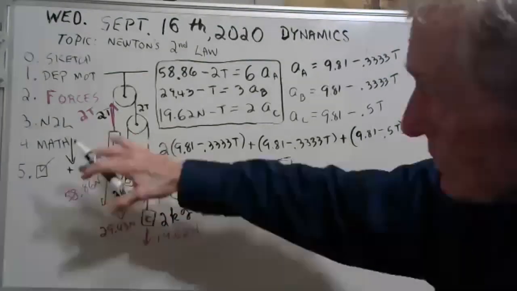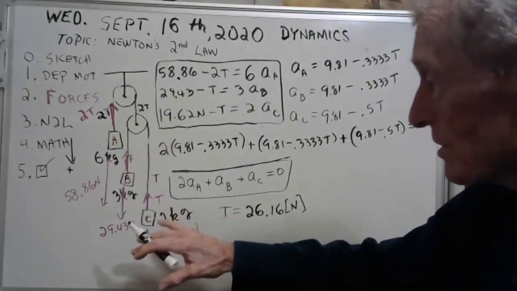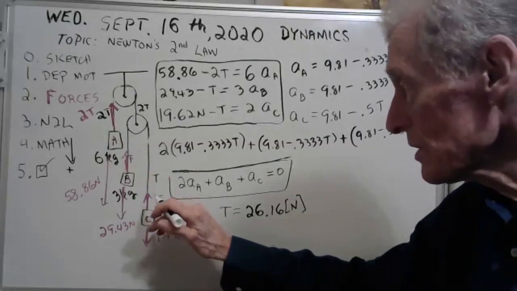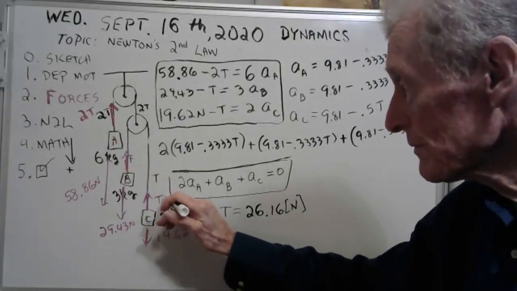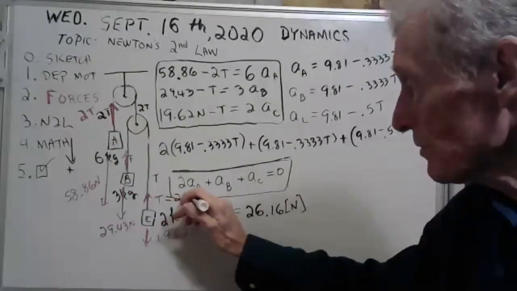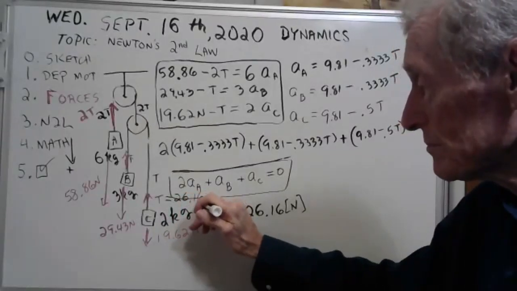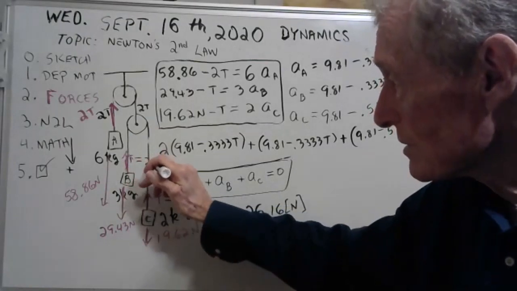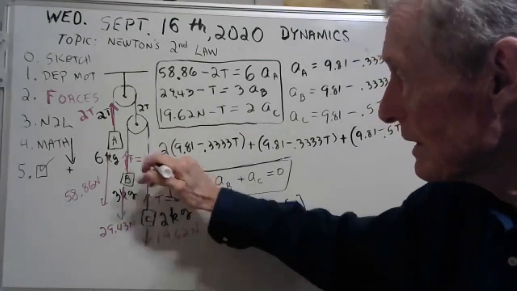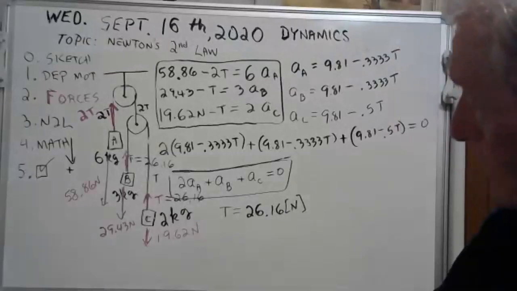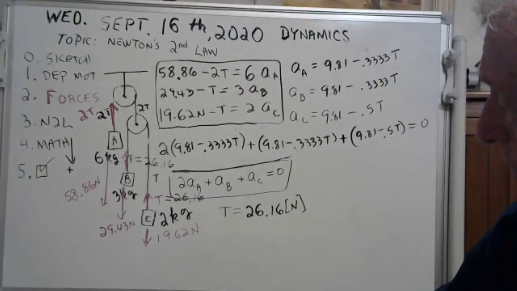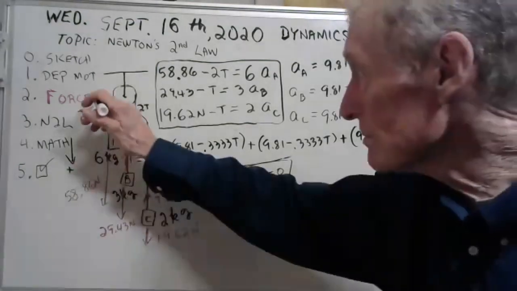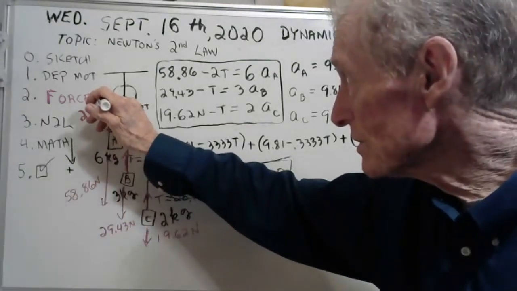So let's write what these tensions are. We think the tension here is 26.16, and this tension here is twice that. I don't know if I can do that in my head. 52.32, it's kind of dangerous.